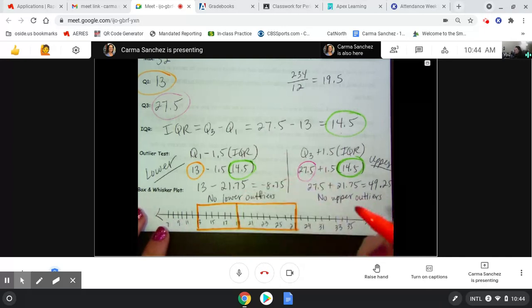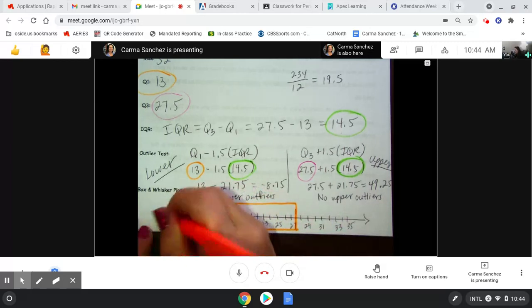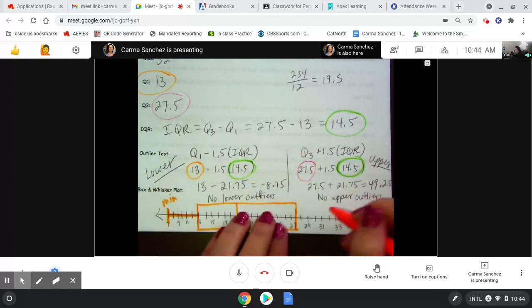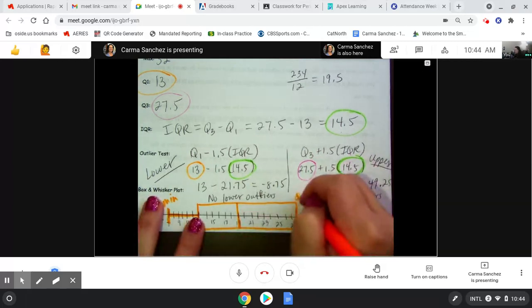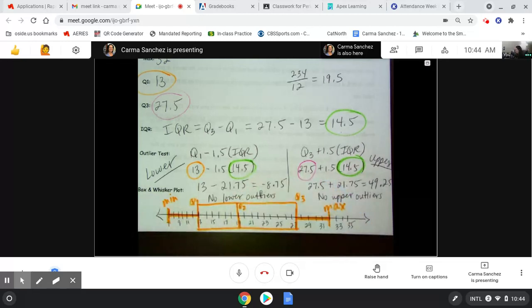Then we draw our whiskers out to the min and the max. Since there's no lower outlier or upper outlier, we're just going to do our whisker out to the 7 minimum. And we're going to do our whisker out to the 32, the maximum. This is my Q3, my Q1, and my Q2. We're done. How's yours look?